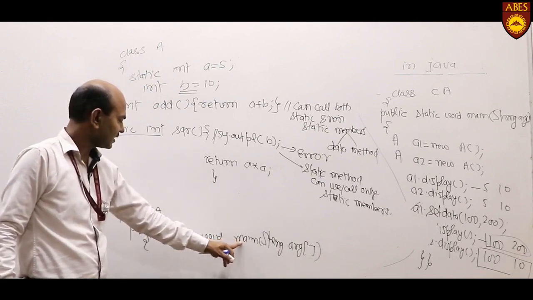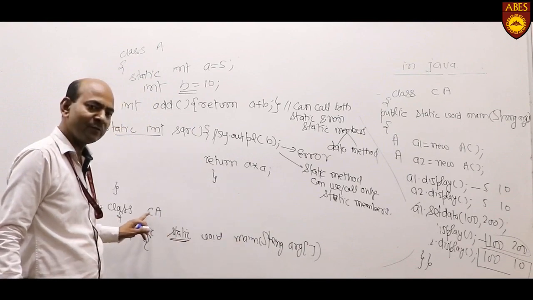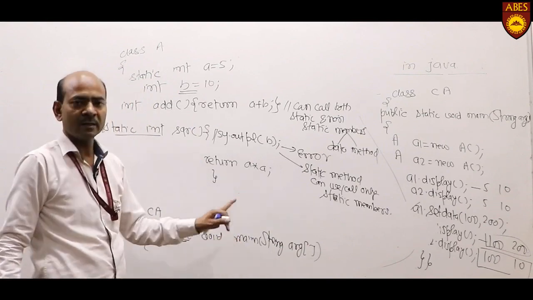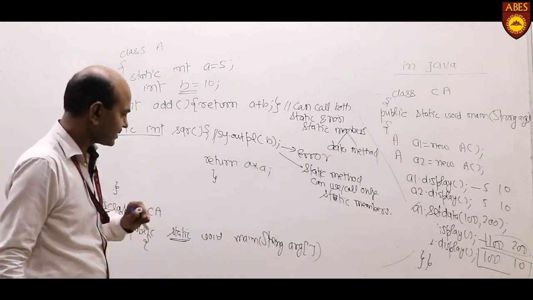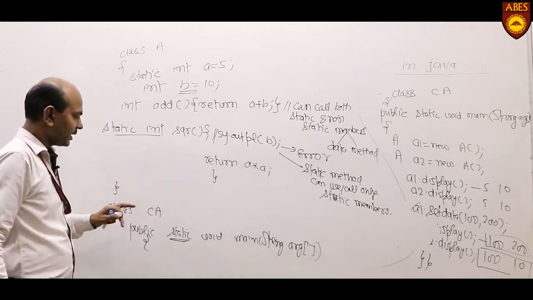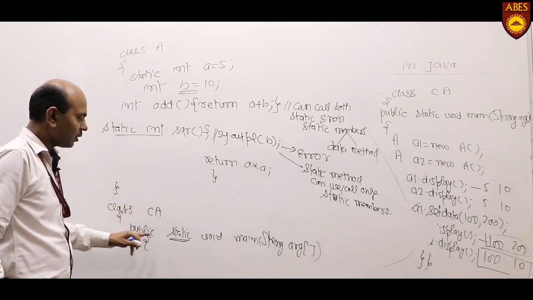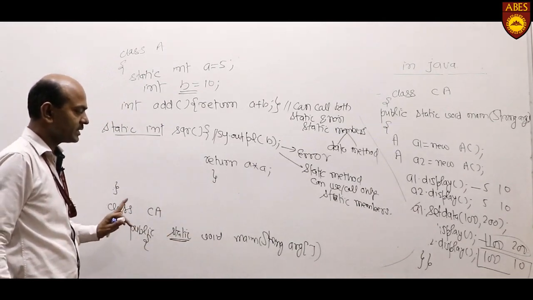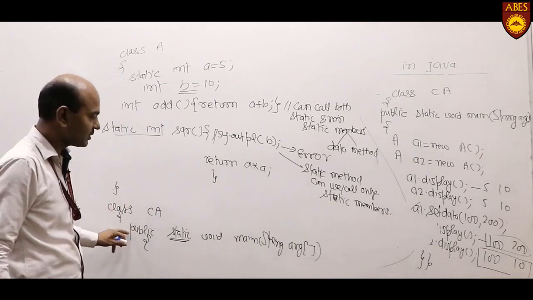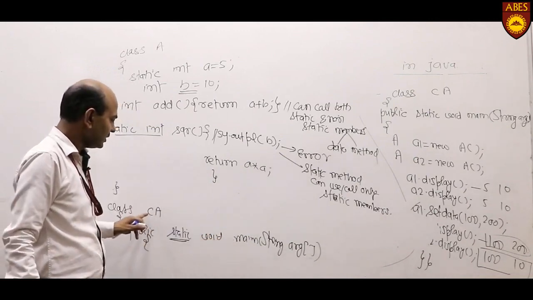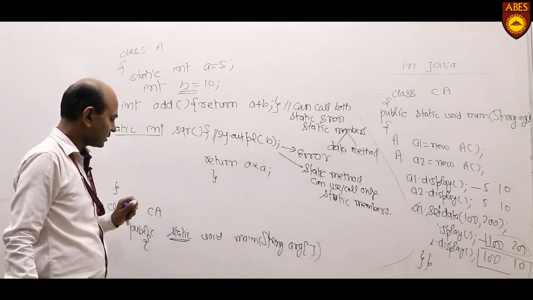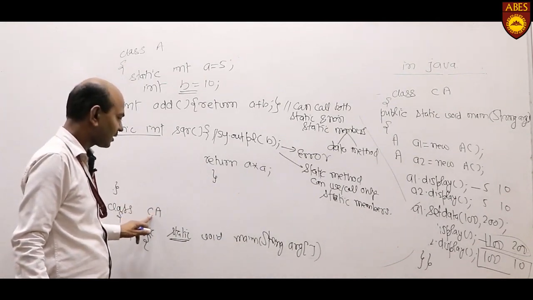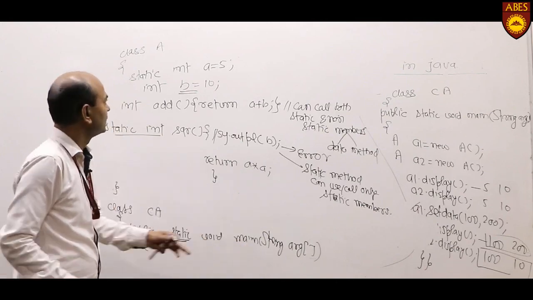Main method is invoked by the JVM of the machine, and at that time no object is created. We know that execution of the program starts with main, so only the JVM knows the name of the class. So the JVM calls the class name dot main.